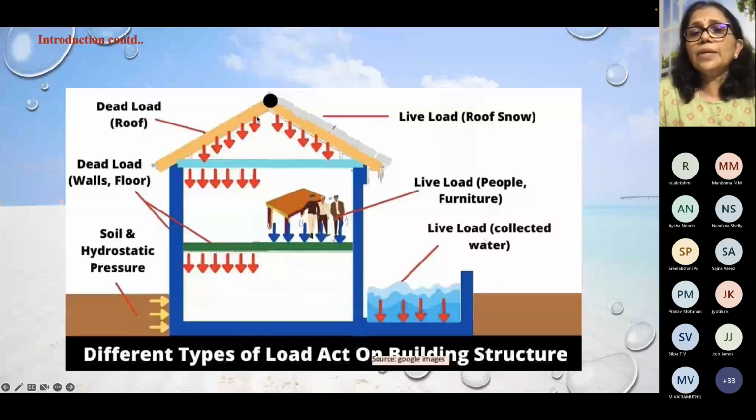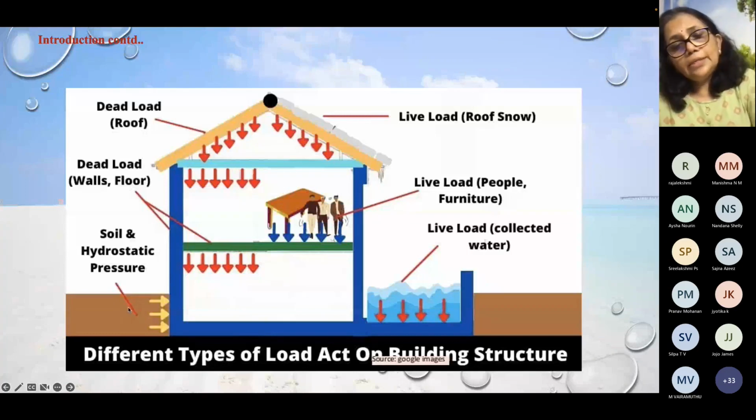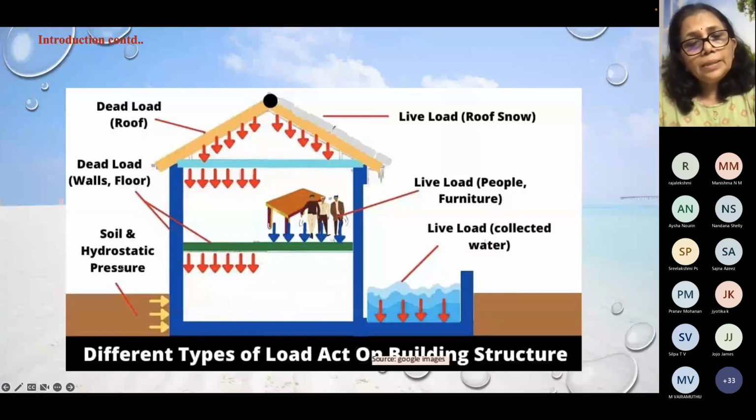On the roof itself, we have live loads like snow loads, and the walls and floor loads are considered as dead loads, and there are live loads which are due to the furniture and people, and there are loads due to water, hydrostatic pressure induced on the walls as lateral loads, and there will be hydrostatic pressure because of the water table in the soil, and there will be soil pressure which will be acting as a lateral load.